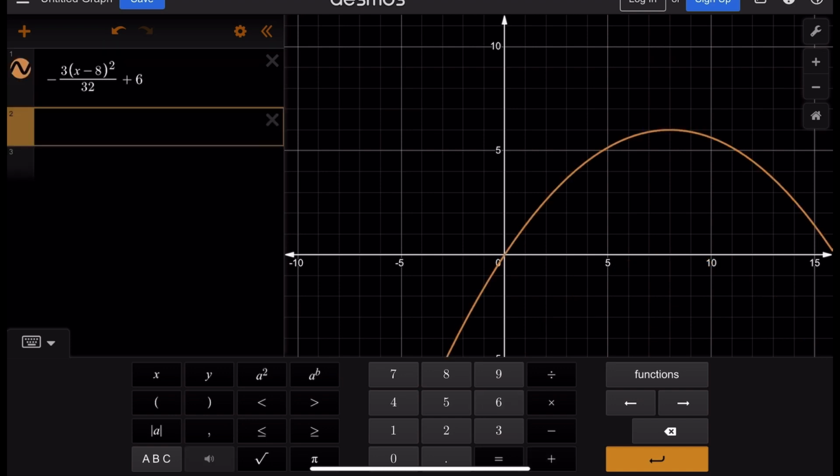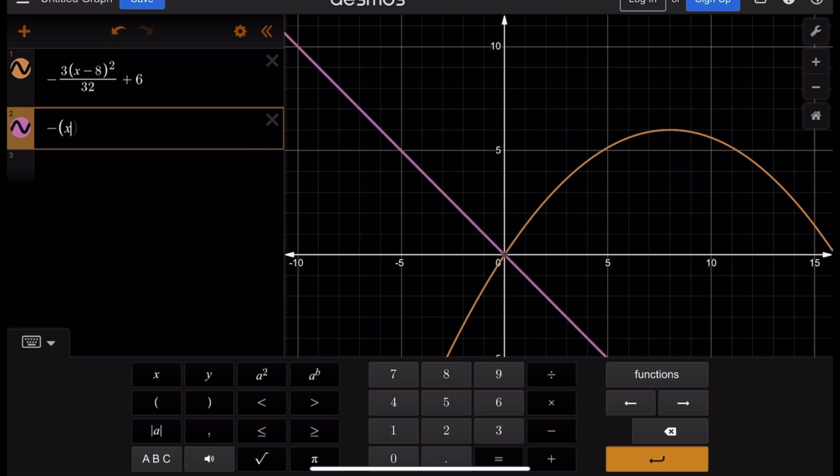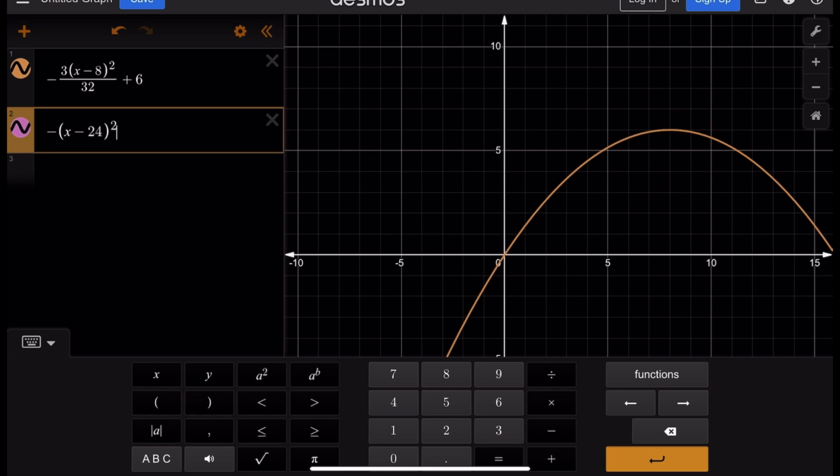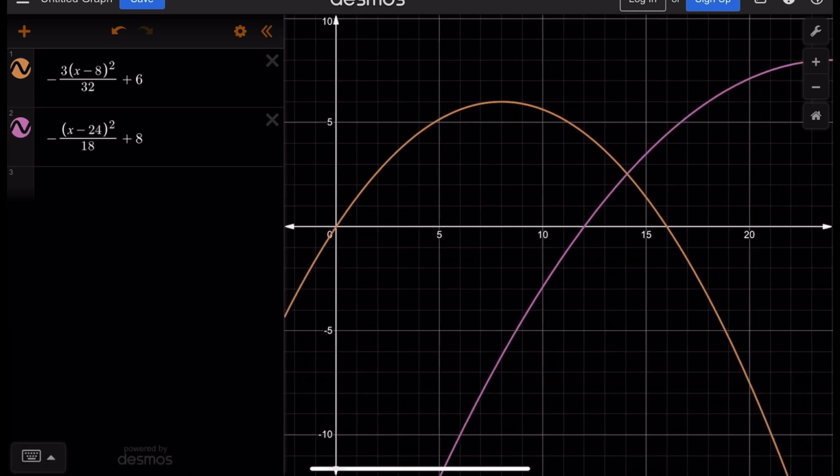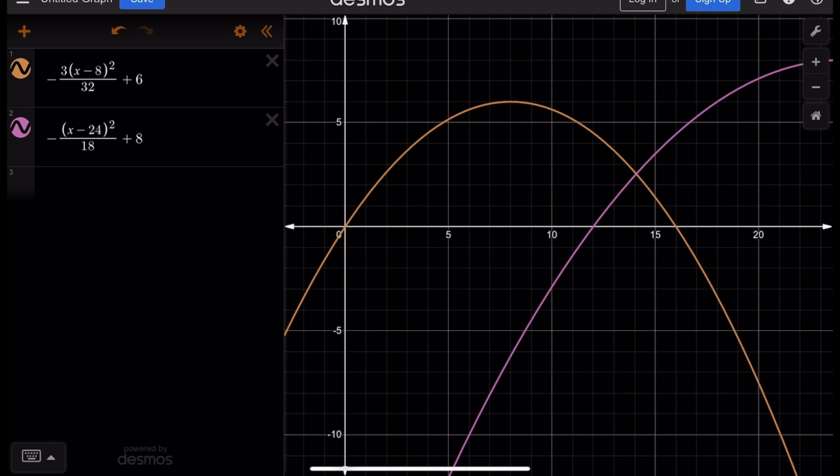The second equation was minus (x minus 24) squared divided by 18, plus 8. Good.